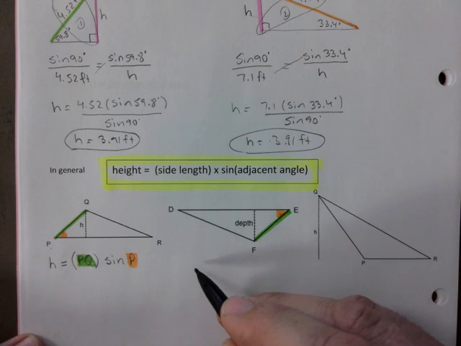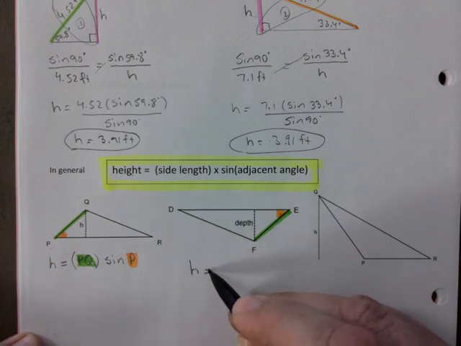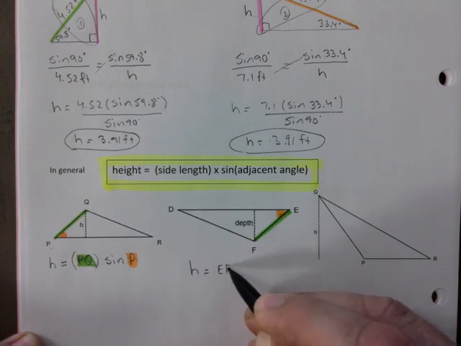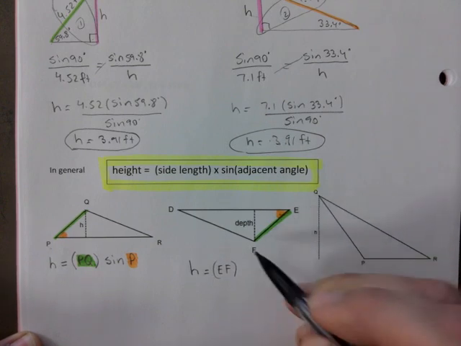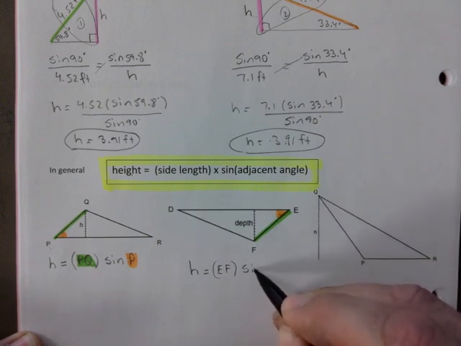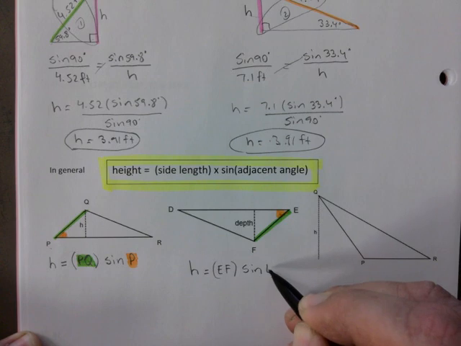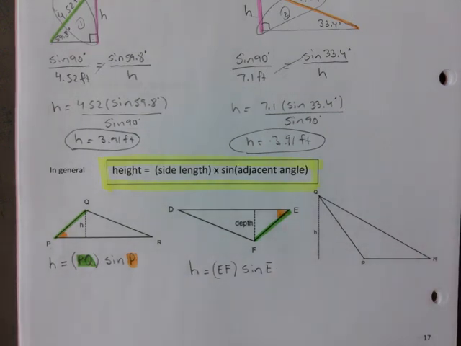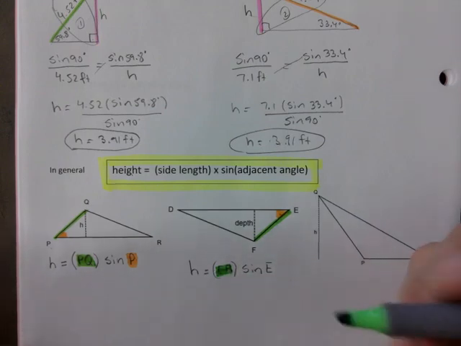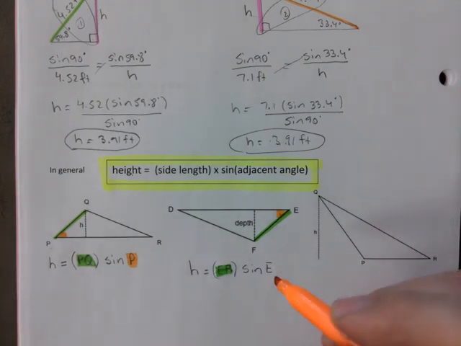So in this case, height would be EF times sine of E. That's the shortcut. I hope you like it.